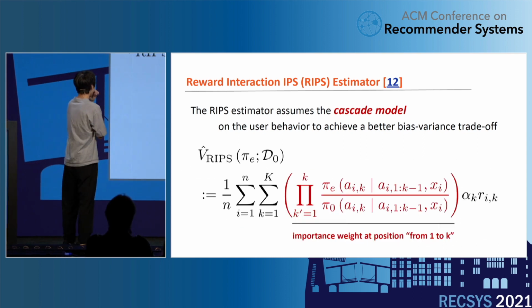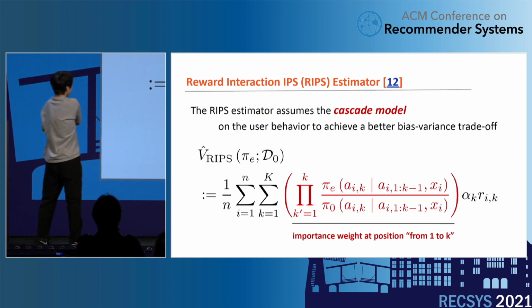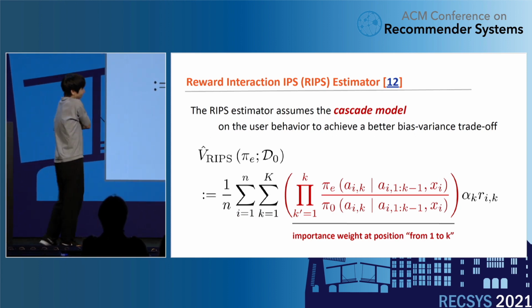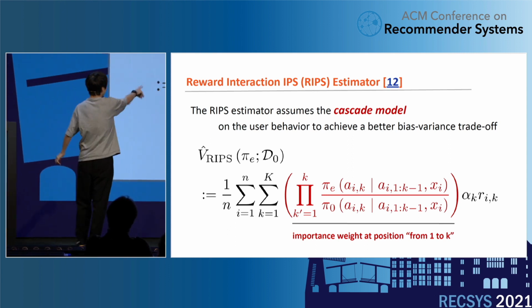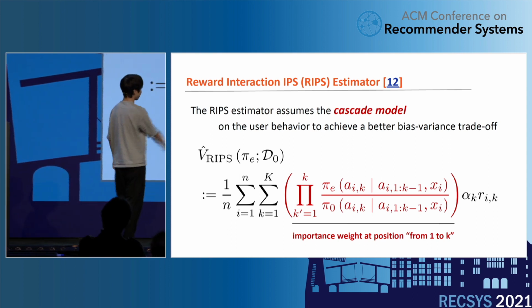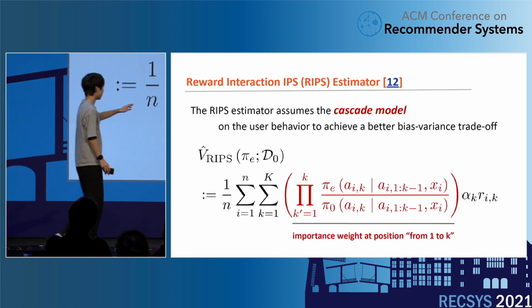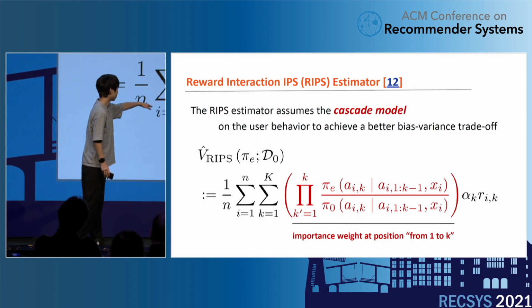And this is the resulting estimator based on the cascade modeling. It seems to be a little bit complicated, but the important point here is that there's a product term. This is just the importance weight, but the product is now taken from the top position to the k-th position.